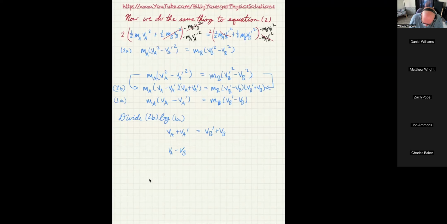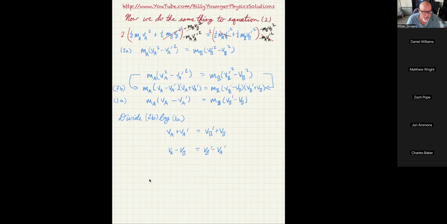In other words, now I'm trying to get them before the collision on one side and after the collision on the other. And that's going to give us VB prime minus VA prime. So what you see is they sort of change orders.